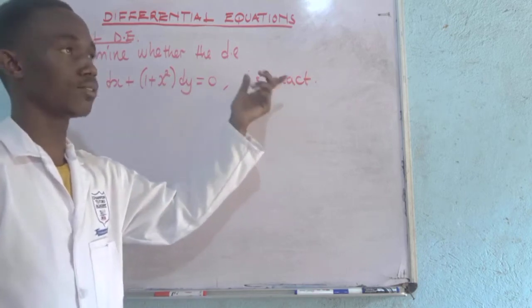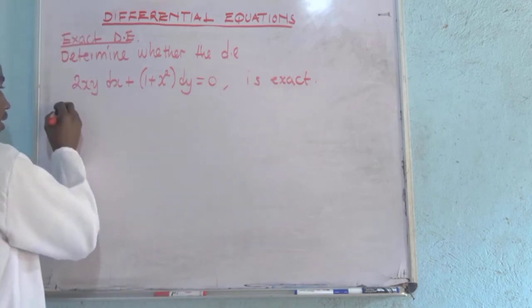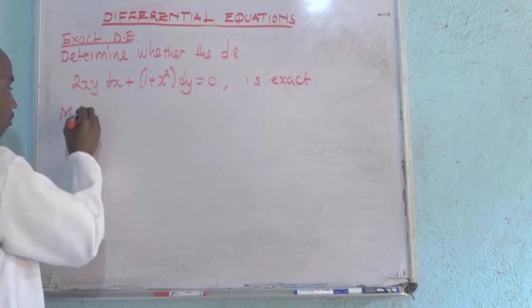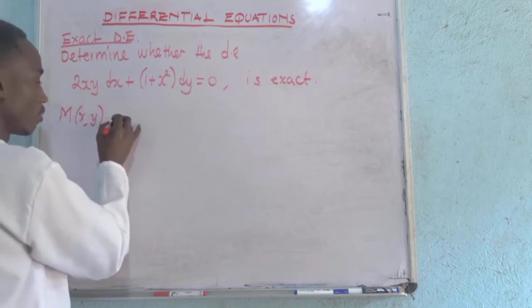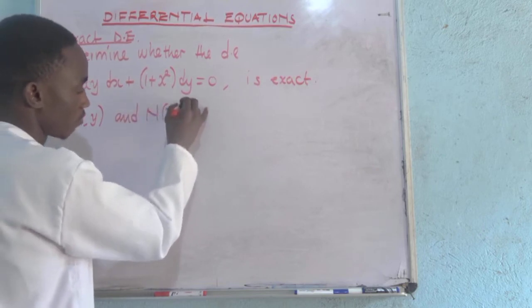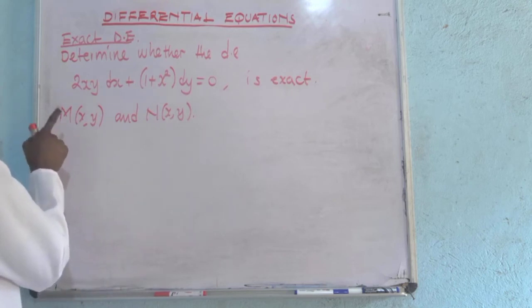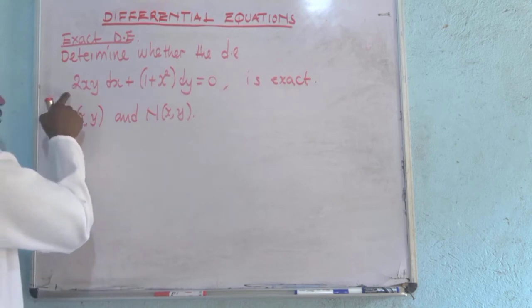The first thing you need to check is to identify M of x, y and also N of x, y from the given differential equation. So M of x, y is what you have on this side.